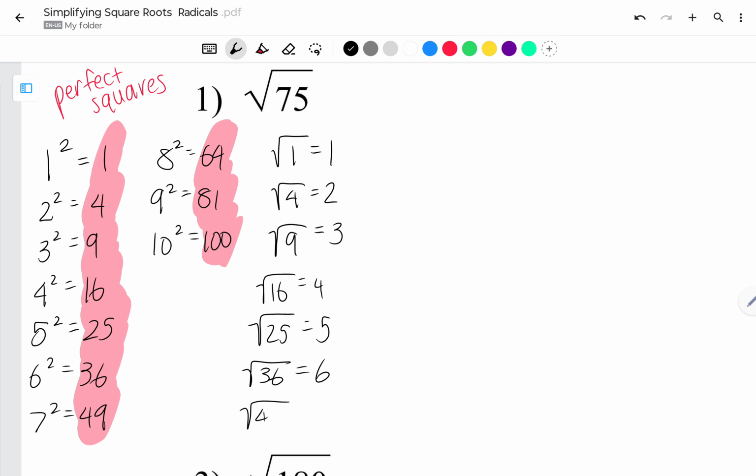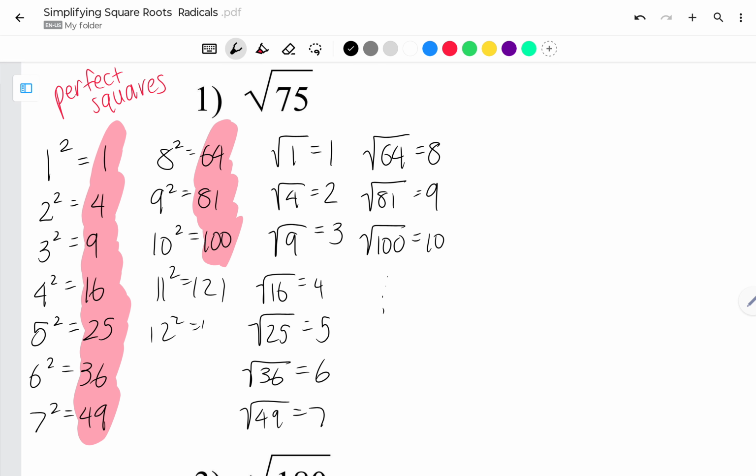Square root of 49, 7. Square root of 64, 8. Square root of 81, 9. And square root of 100 gets you 10. And it keeps going. 11 squared is 121, 12 squared is 144. But I'm just going to stop at 10.